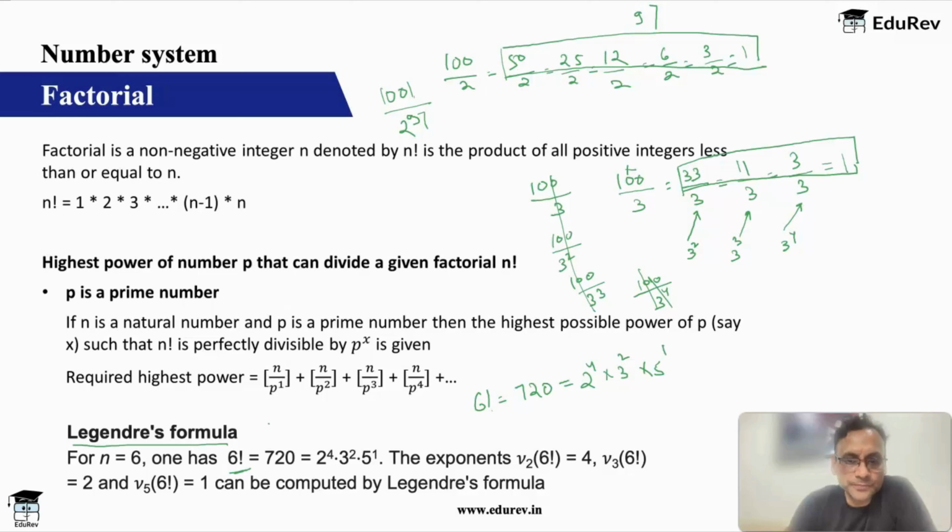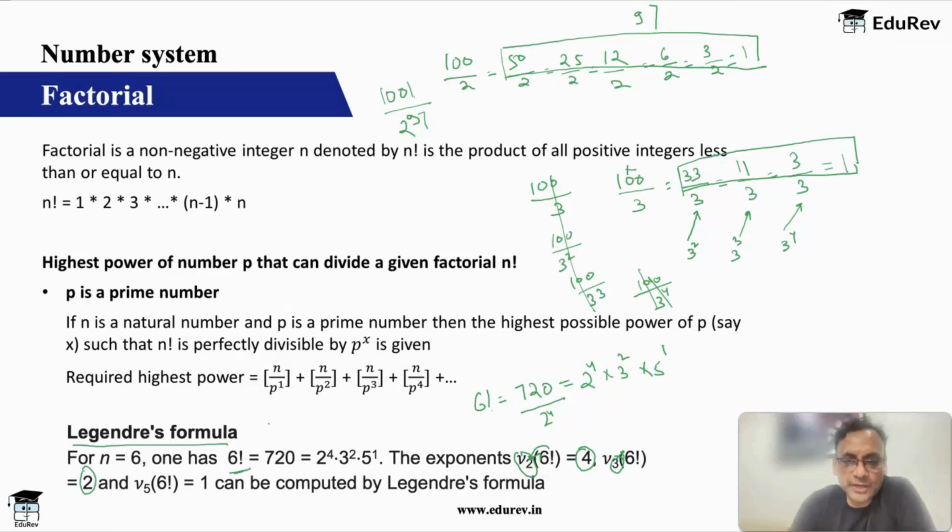Okay, so the exponent V2 of 6 factorial is 4, that means 6 factorial has 2 to the 4th power. That means it can be divided by 2 to the power 4. Similarly, 3 in 6 factorial is present 2 times.